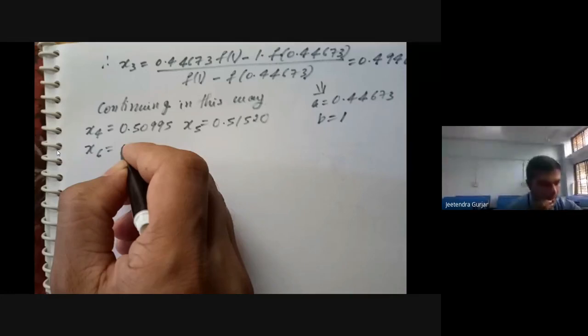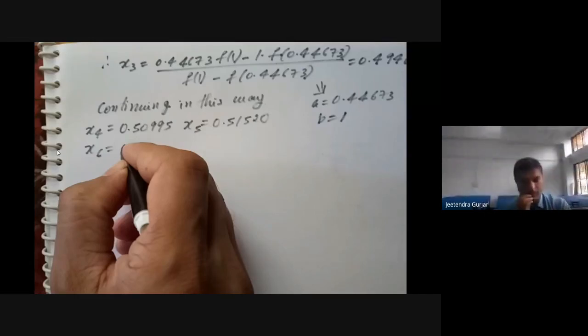So I'll just repeat this once again. To find x6, the A value is 0.5152. Just find f of A. I think Ashish has got the correct answer because he has taken the correct value. See, it is 0.5169. Correct. I also got the same answer.